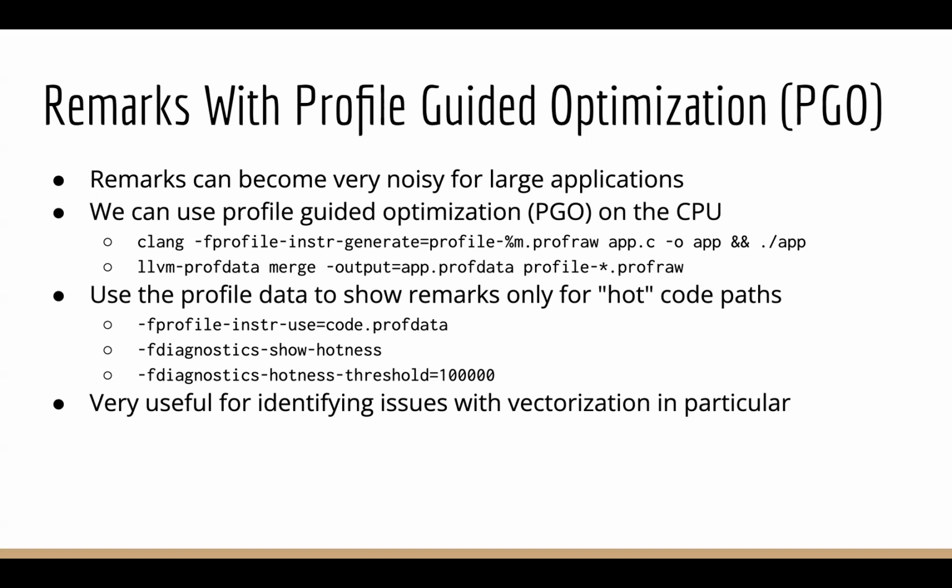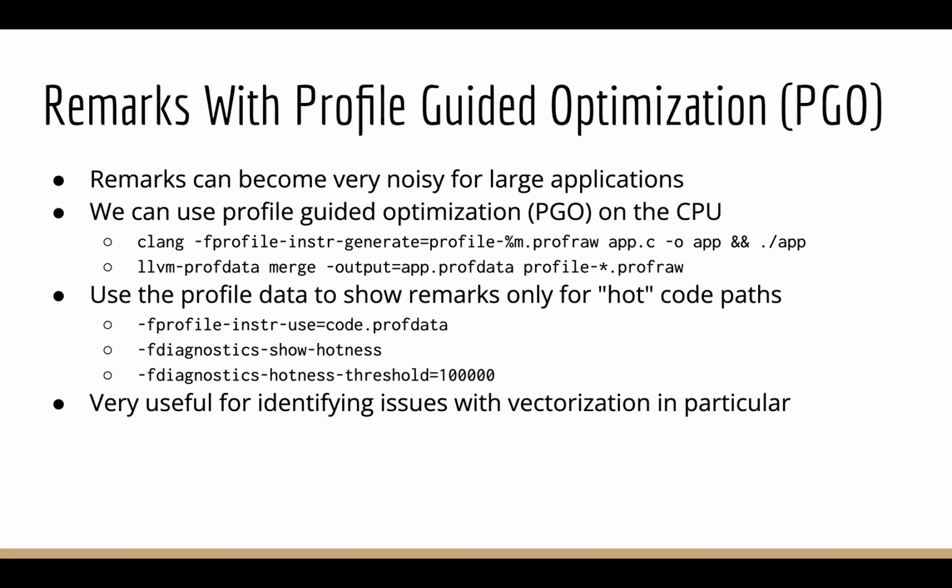So once you have this profile data, what it allows you to do is only show remarks for the hot code paths. So you can use the -fprofile-instr-use, which is the one we previously merged, and then use these two show hotness and hotness threshold instructions. And that will basically let you say, I want to know how hot or expensive this function was to compute, and I only care about remarks for like missed passes that were above this threshold.